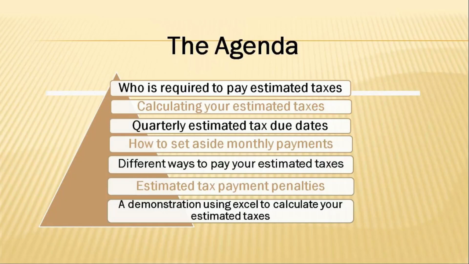If, for example, you have an accounting system that is outside of the spreadsheet, you don't necessarily have to use the spreadsheet to track your income and your expenses in order to calculate your quarterly estimated taxes. You can just grab the numbers from your outside accounting system and then use the spreadsheet to calculate your taxes. And that's something I'm going to show you during the demonstration.